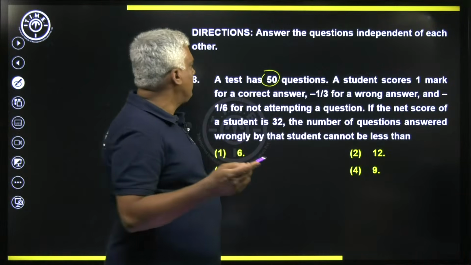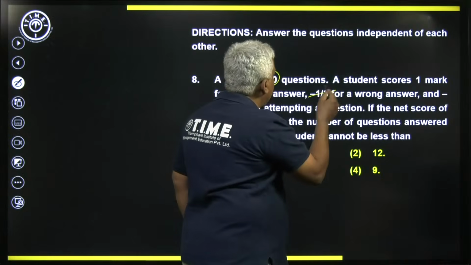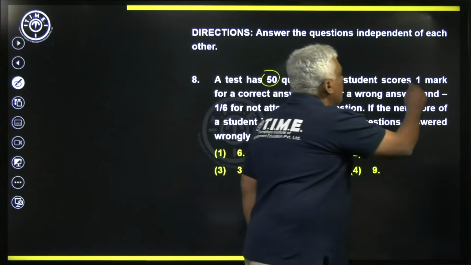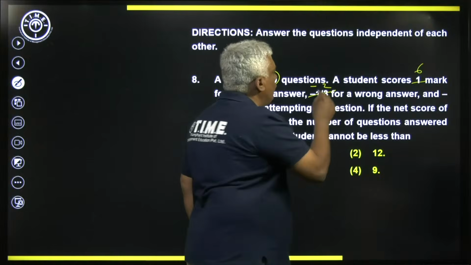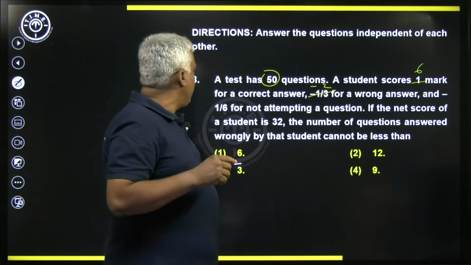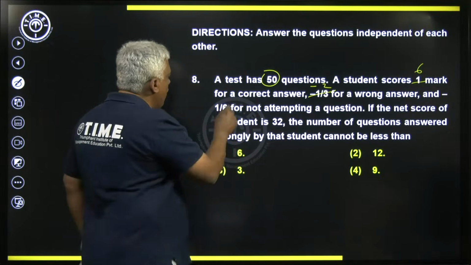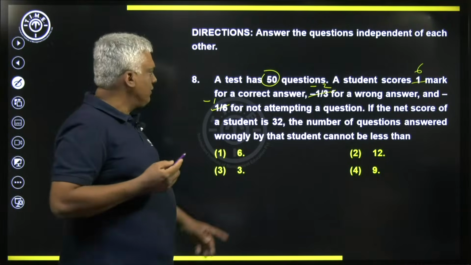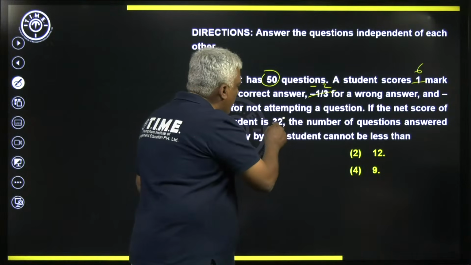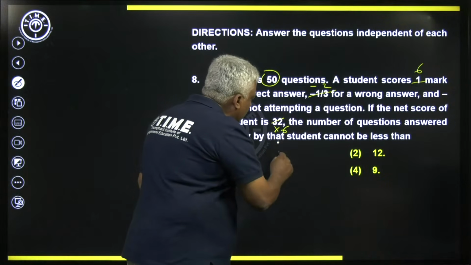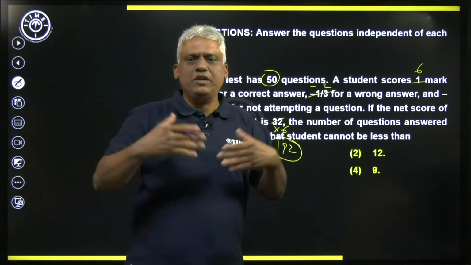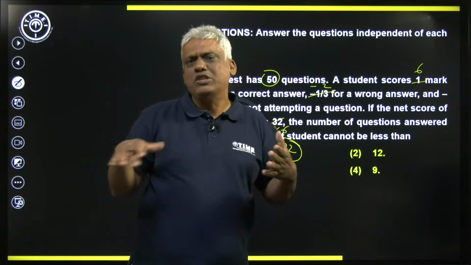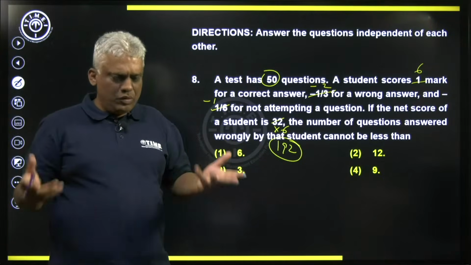For a correct answer he gets 6 marks, for a wrong answer he loses 2, and for not attempting he loses 1 mark. He got 32, and I'm multiplying by 6, so instead of 32 he gets 192, right? The answer will not change because we have done it proportionally. If you multiply the equation by 6, no change, right?